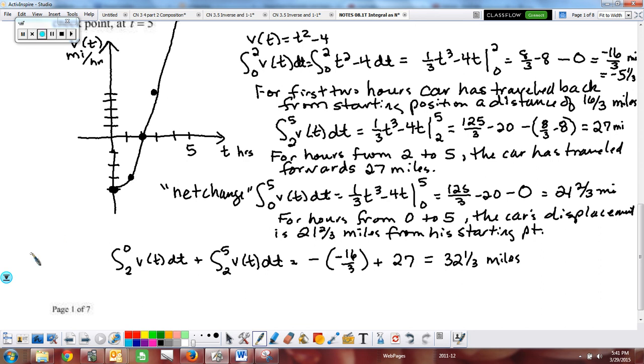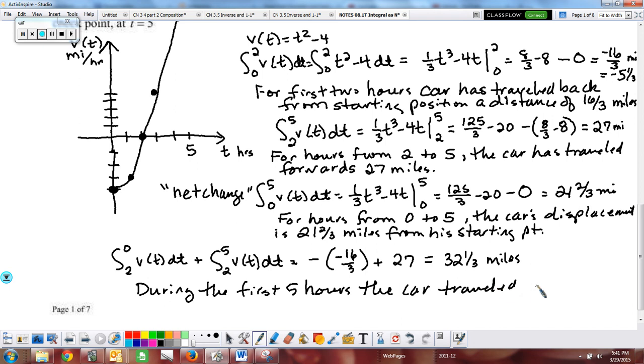This would be your total distance traveled. So during the first 5 hours, the car traveled a total of 32 1/3 miles.